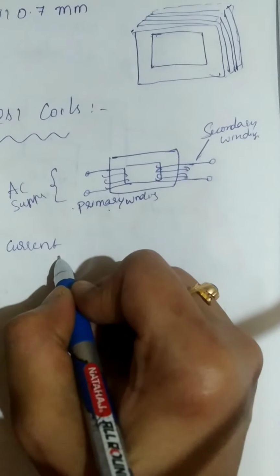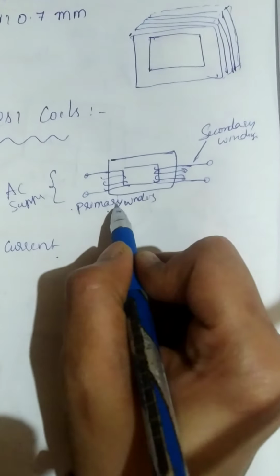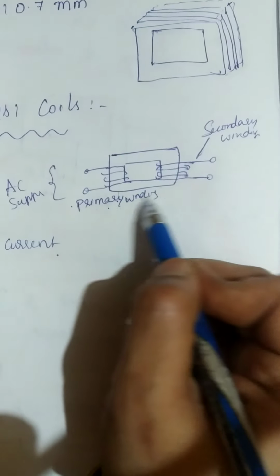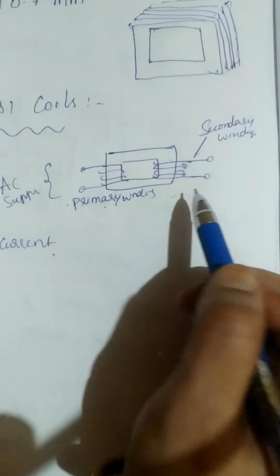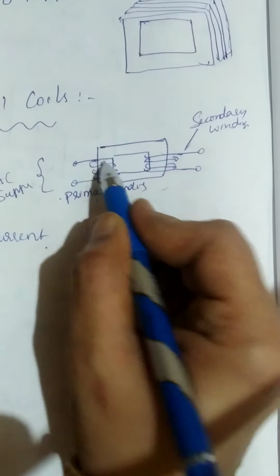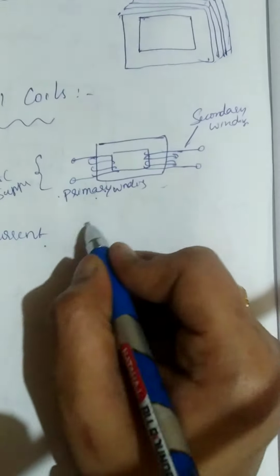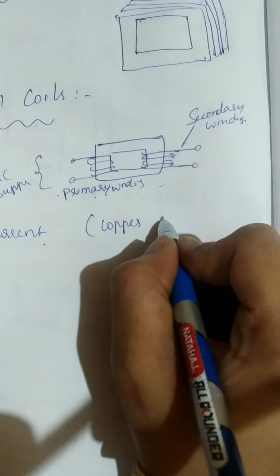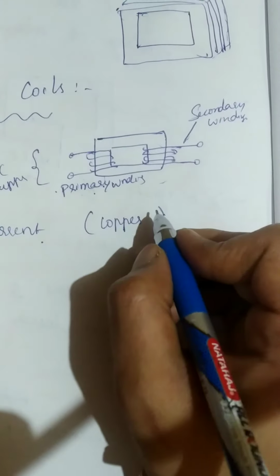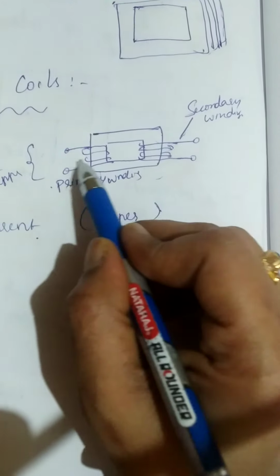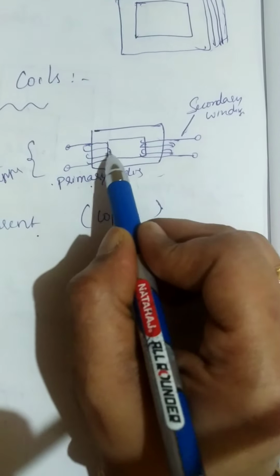This electric current passes through the primary winding, so we need a material with less resistivity. So windings are made up of copper, and this copper wire is wound on the limbs of the magnetic core.